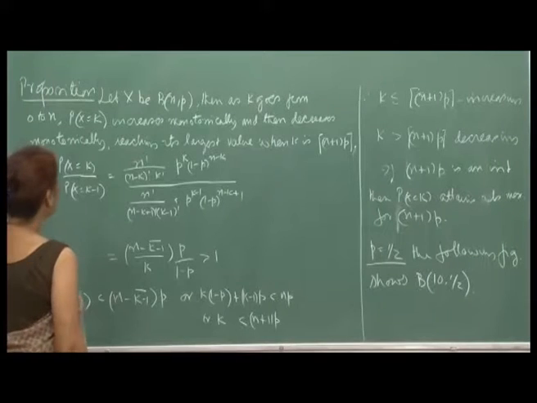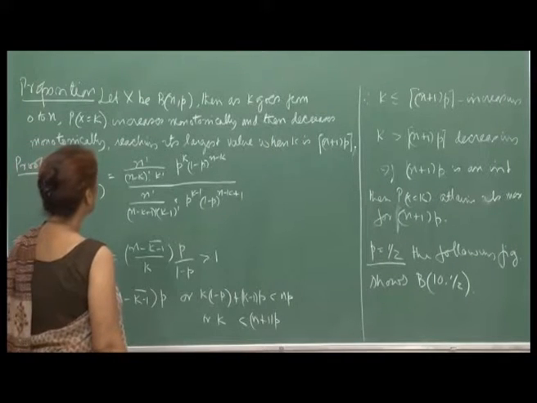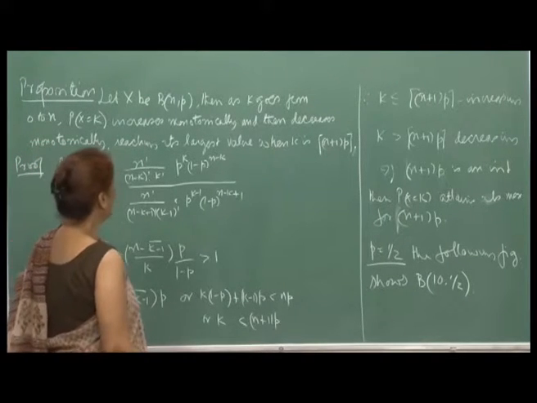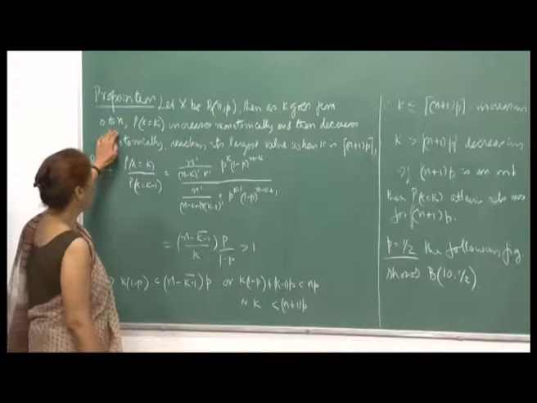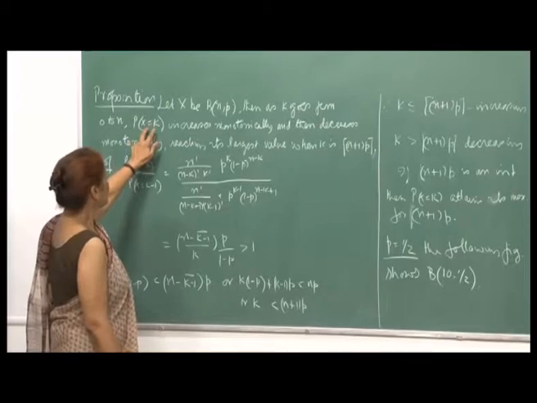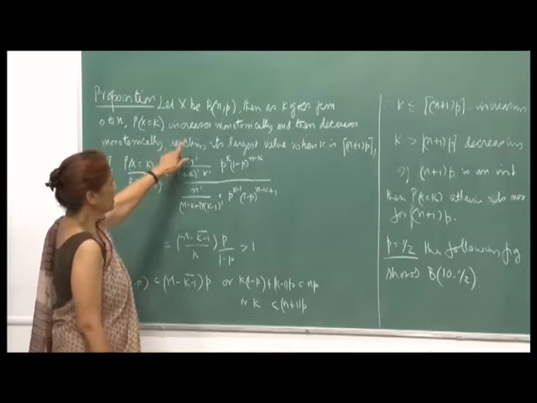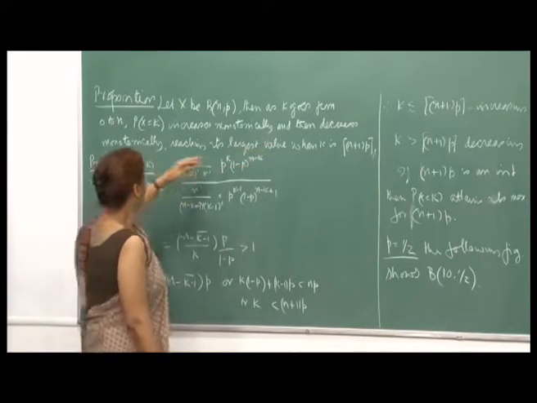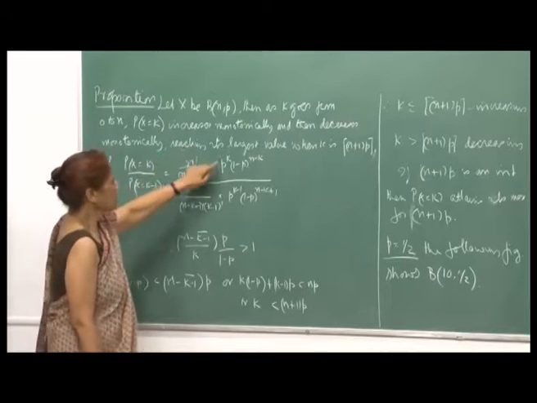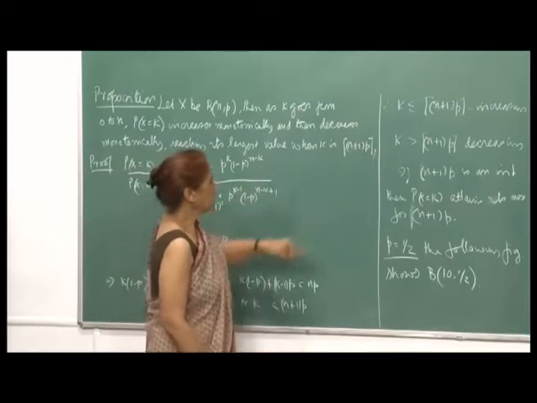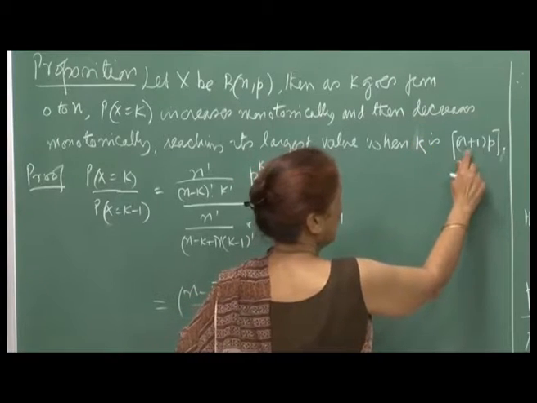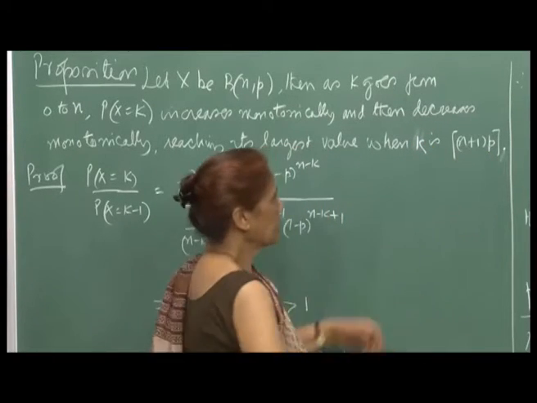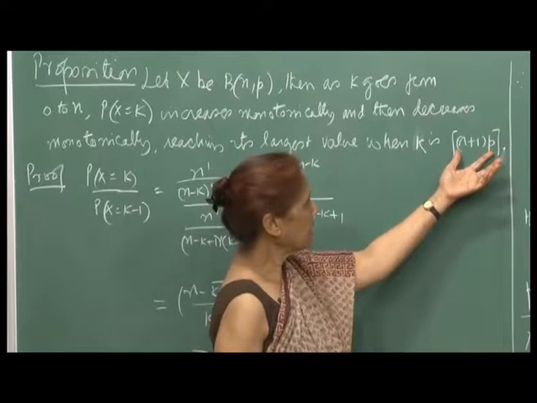Let us look at this proposition about the random variable binomial n comma p. As x goes from 0 to n, the probability x equal to k increases monotonically and then decreases monotonically, reaching its largest value when k is the largest integer part of n plus 1 into p.